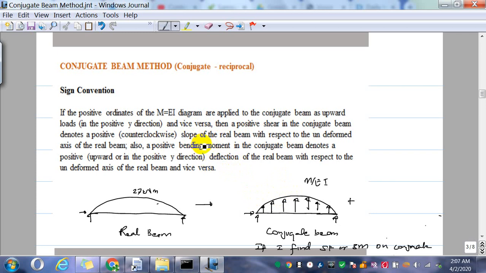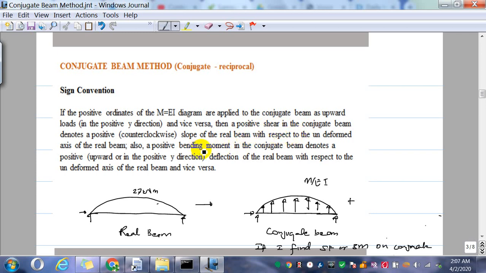Now, if you consider the shear, a positive shear in the conjugate beam denotes a positive slope of the real beam. So if your slope is counterclockwise, then it's a positive slope. If it is clockwise, it's a negative slope.